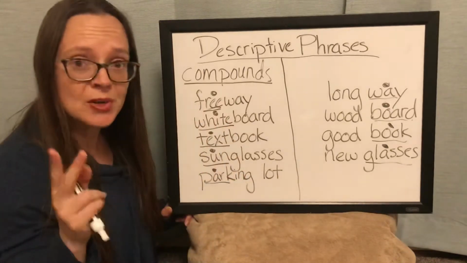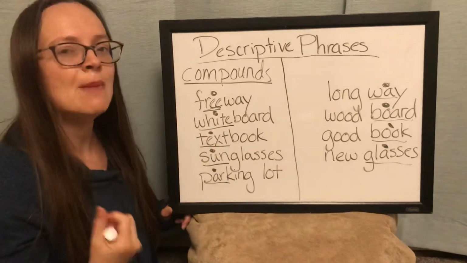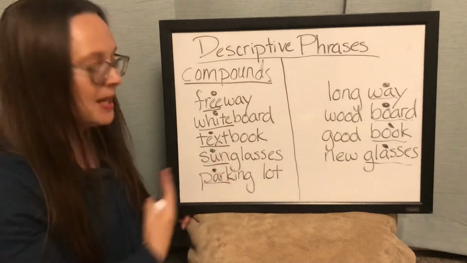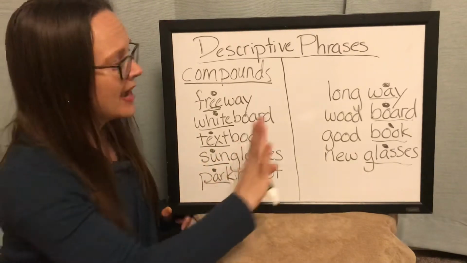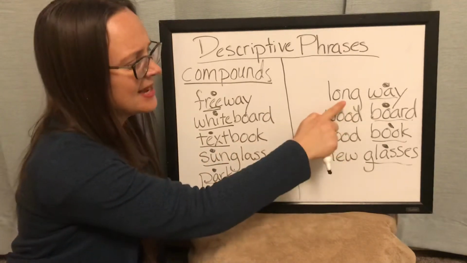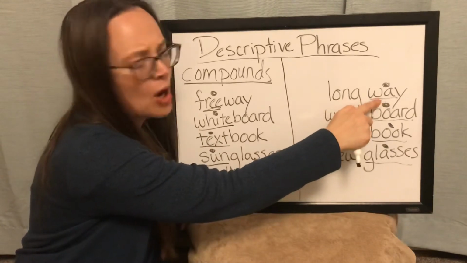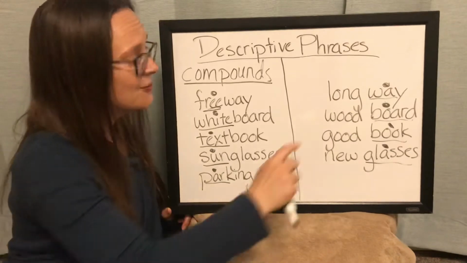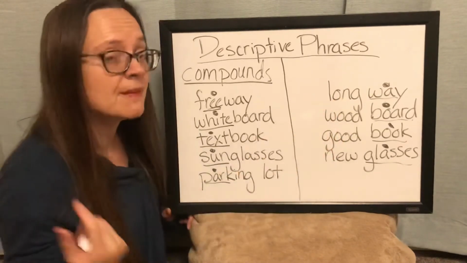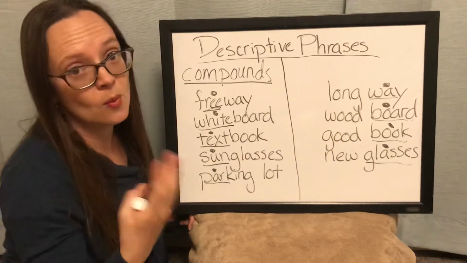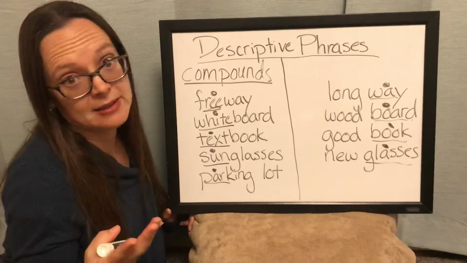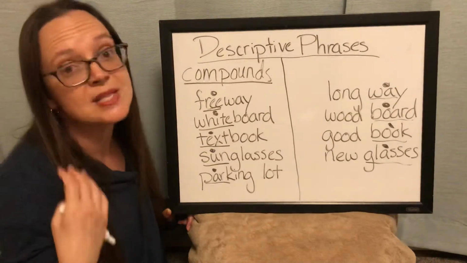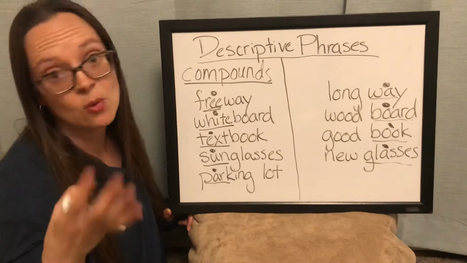Compounds are two words that are together that become one word, that become a new thing. Whereas descriptive phrases, this word is not a part of that word. It's a word that's describing that word. And in fact, you could change this word for something else. Like instead of long way, you could say short way, or a confusing way, or an interesting way.